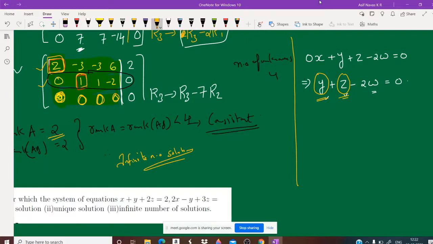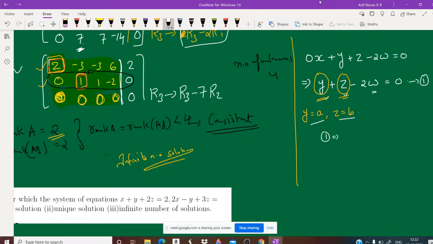So what I will do is I am giving y equal to a and z equal to b. These are two arbitrary values. Then what about w? I am putting this as equation number 1.